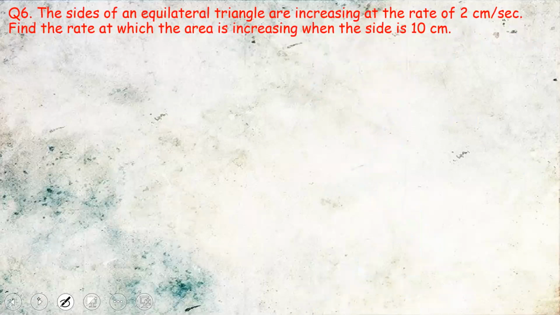The side of an equilateral triangle is increasing at a rate of 2 centimeter per second. So side, that means dx/dt, is 2 centimeter per second. Now you need to find the rate of change of area. Now what is the area for an equilateral triangle? That is root 3 by 4 x square.